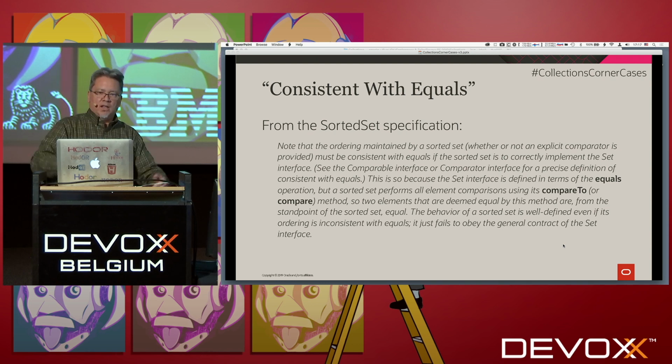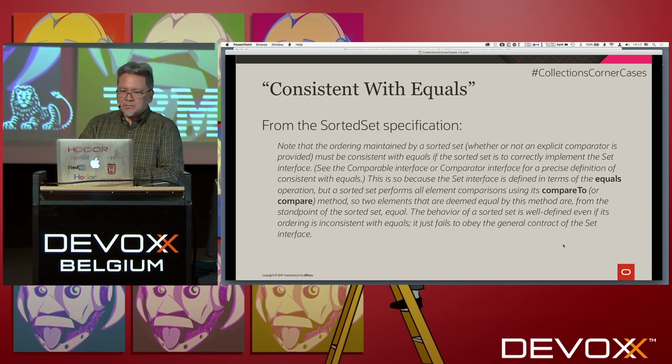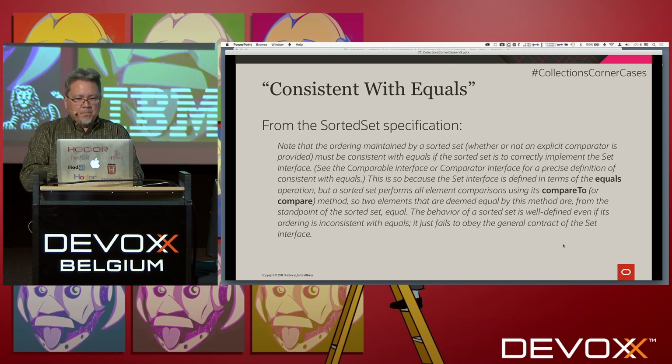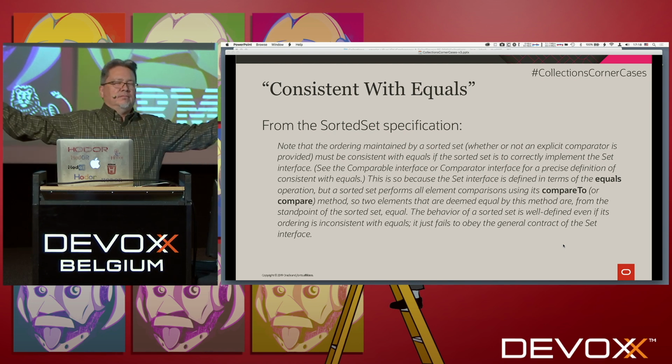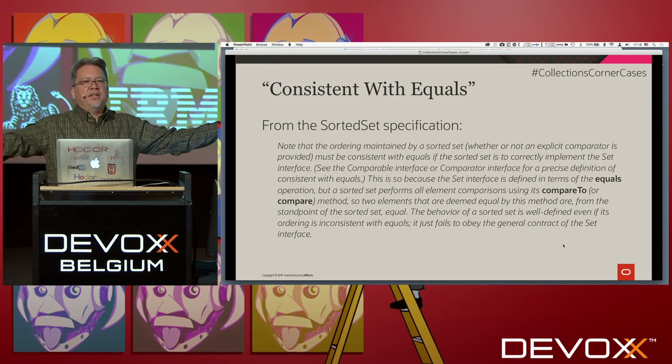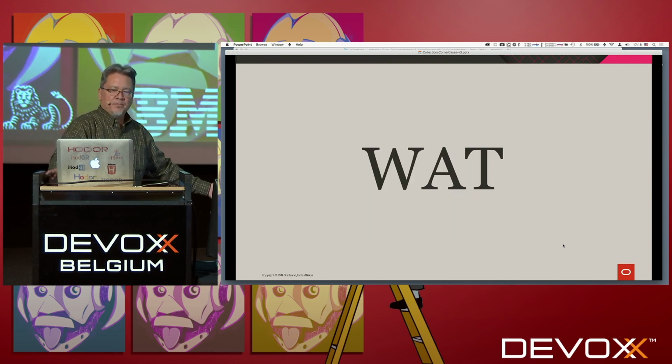There's another big wall of text here. I'm not going to bother to read all this, and neither should you. The kicker here is that the behavior of a sorted set is well defined, even if its ordering is inconsistent with equals. It just fails to obey the general contract of the set interface. What does that mean? I think that is incomprehensible.